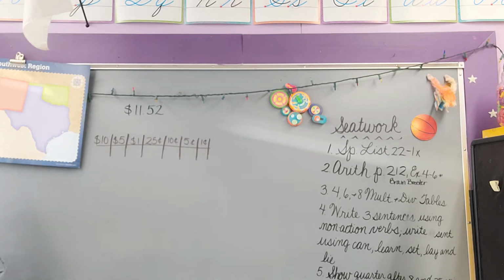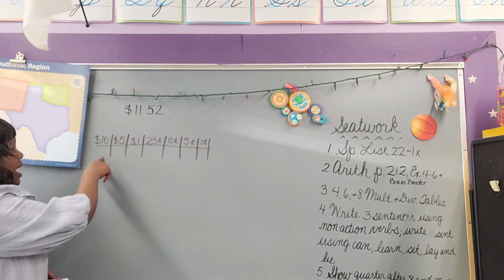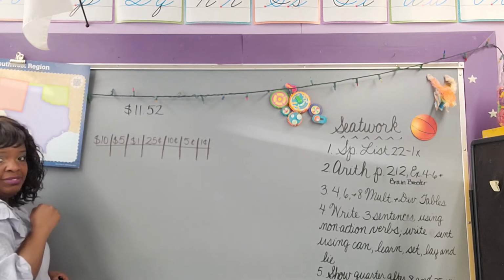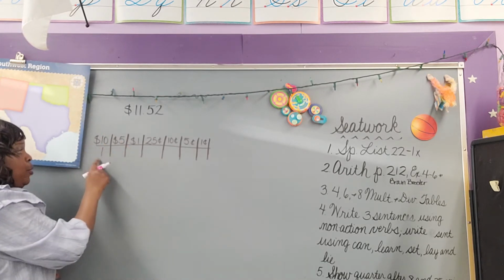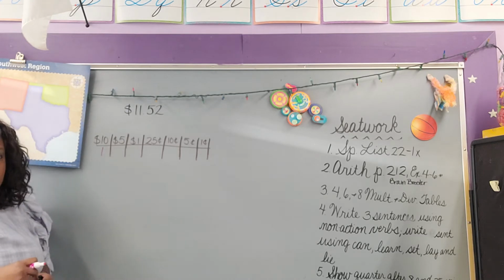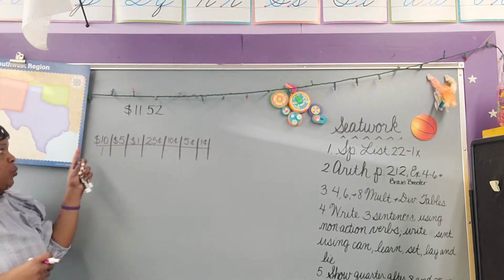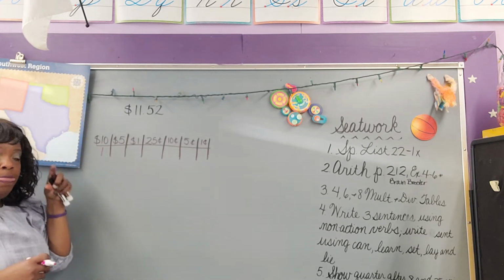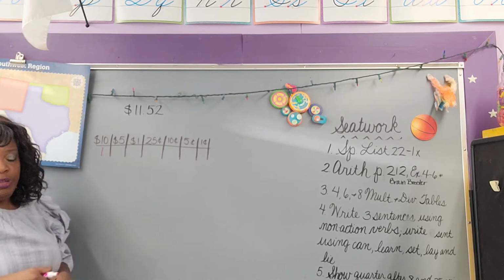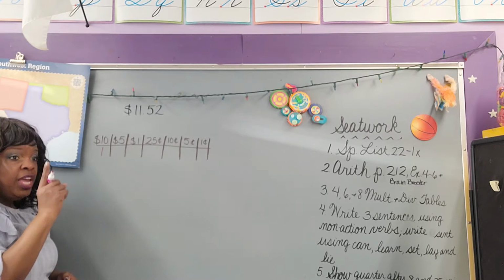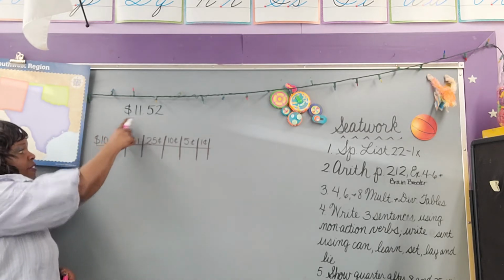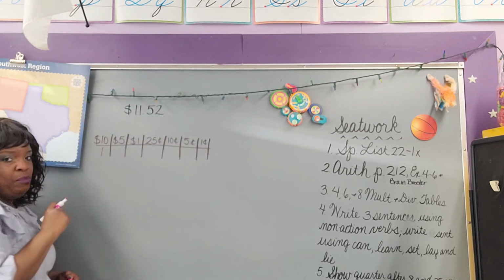So how many 10s are in 11? There's only one 10 in 11, so we're going to put a 1 under the $10 place because we could get a $10 bill. How many $5 bills do we need? Because we have to remember, if we want 11, how far is 10 away from 11?